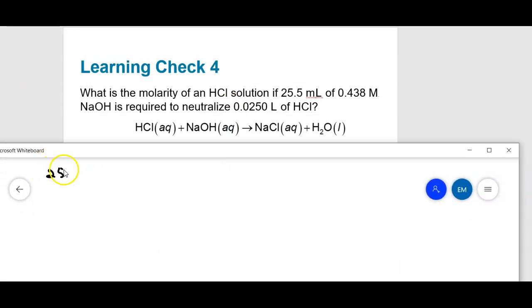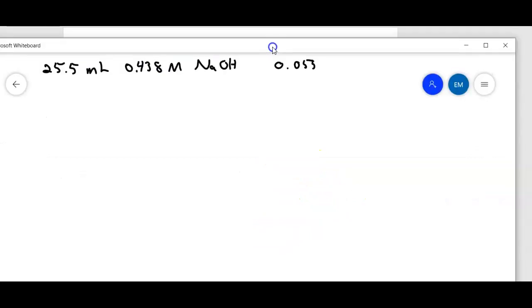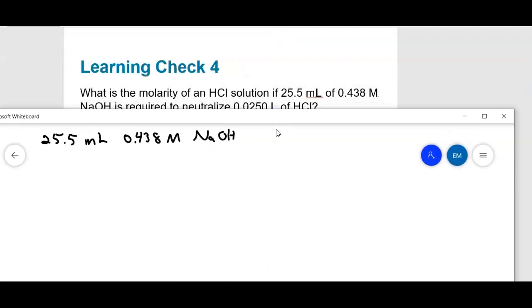We're given 25.5 milliliters of 0.438 molar sodium hydroxide, and you have 0.0250 liters of HCl.